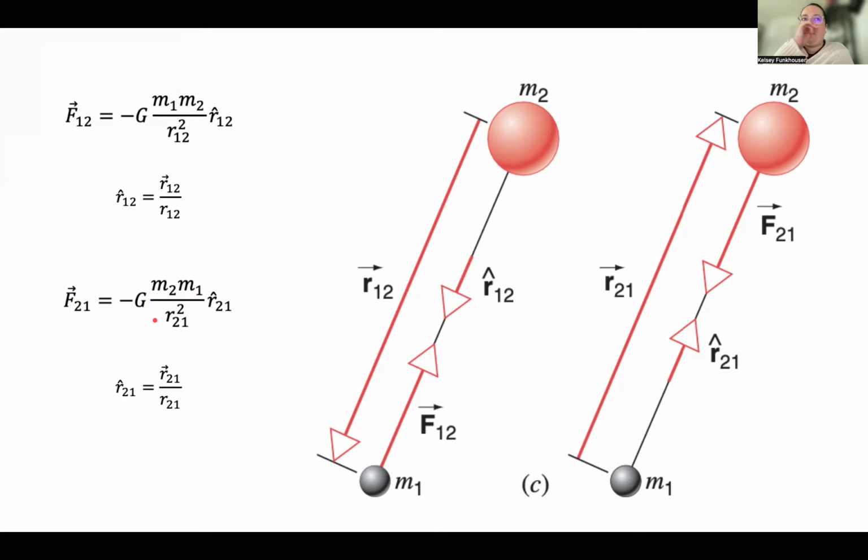It's still negative G M2 M1 over r21 squared times r21 hat. But it just acts in the opposite direction of force F12 and the unit vector r12. So force F21 points from 2 to 1. Hey, that's a helpful tip. And force F12 points from mass 1 to mass 2, where r12 points the opposite direction, and same with r21.